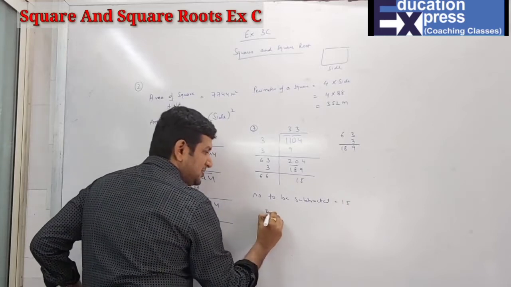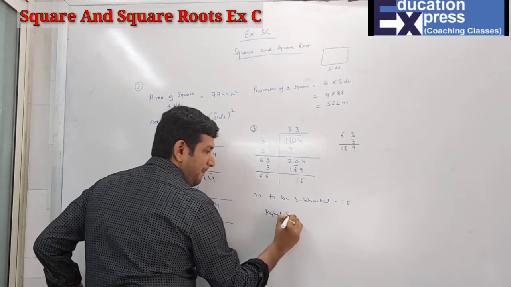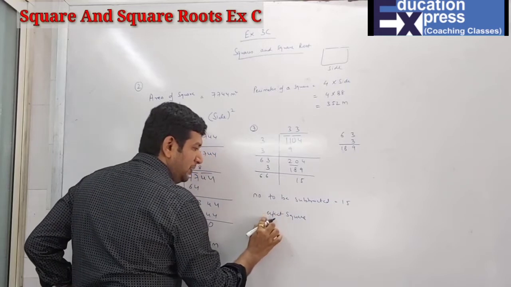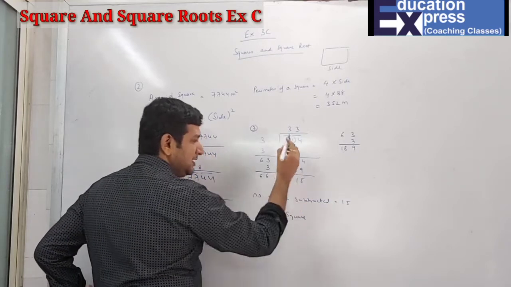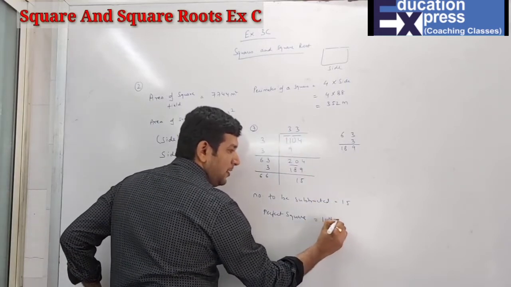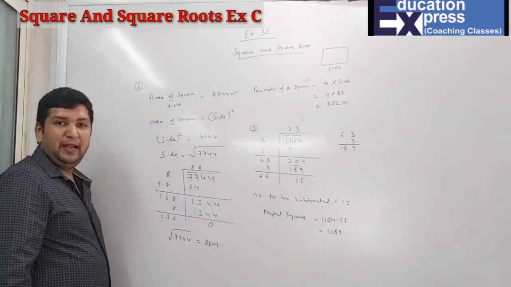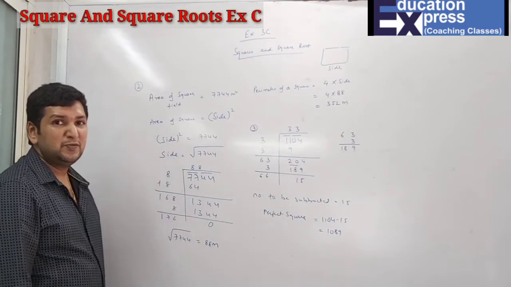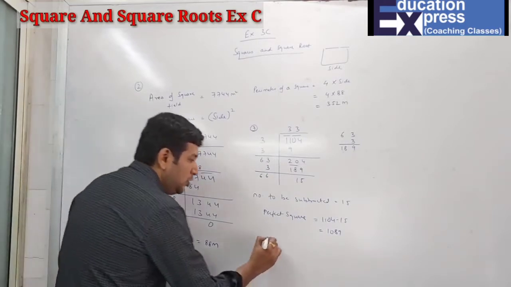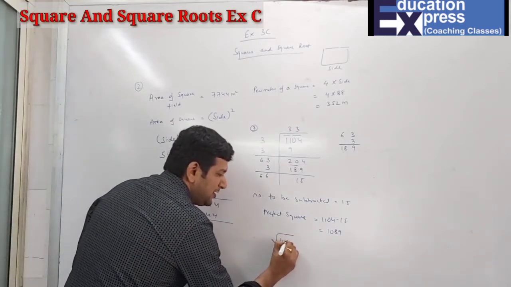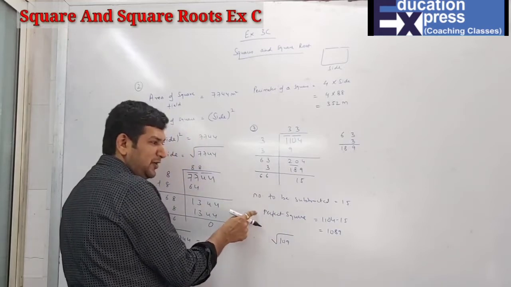Now the perfect square will be the number you get after subtracting, that is 1104 minus 15. So 1089 is a perfect square. Now you ask me, sir, how to find the square root? You don't have to do anything, because first they asked the number to be subtracted, then they asked the perfect square, which I got.